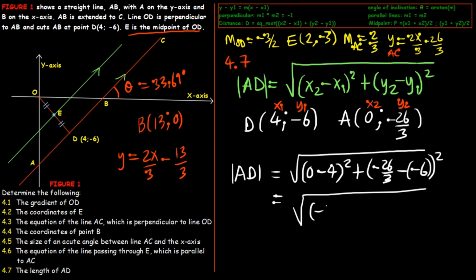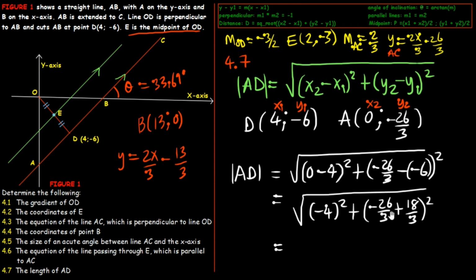of -4 squared, plus the second bracket we have negative 26 over 3 plus 6. So 6 is the same as 18 over 3. Then we square everything. The reason why we express it as 18 over 3 is because we need to make this a single fraction.